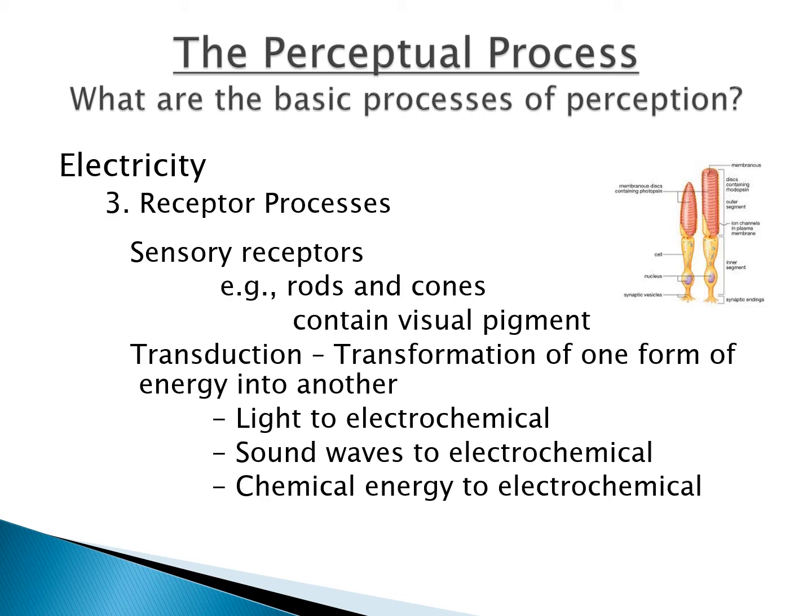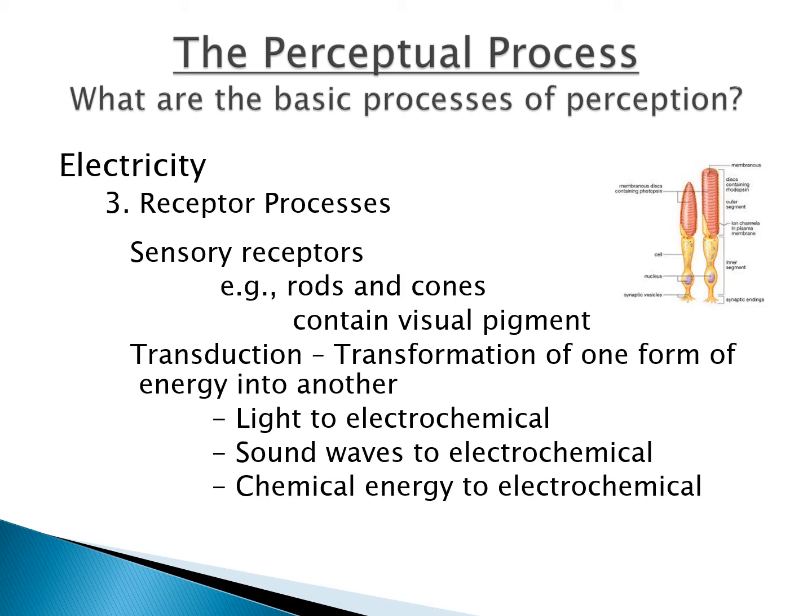That picture of the angel tree was hitting the rods and the cones, those sensory receptors of the eyes, and they contain a visual pigment that is allowing for transduction, the transformation of one form of energy into another form of energy. So the transduction of light, or electromagnetic stimulation, to electrochemical energy in the case of vision.